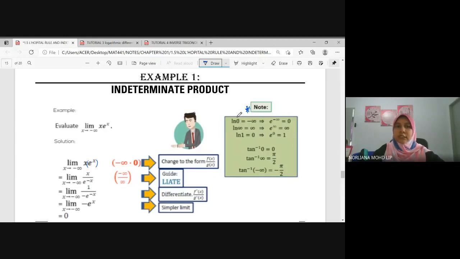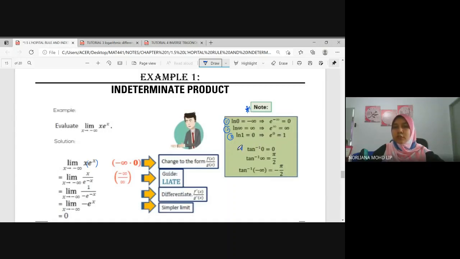We use the first one. e to the power of negative infinity equal to 0. You have to remember these notes. The second one, ln infinity equal to infinity, and e to the power of infinity equal to infinity. The third one, ln 1 equal to 0, and e to the power of 0 equal to 1.